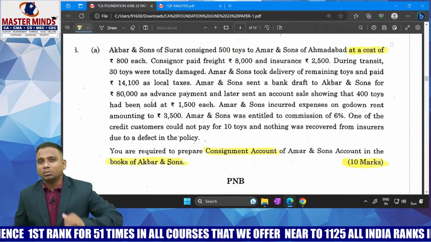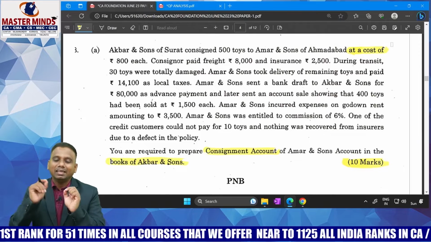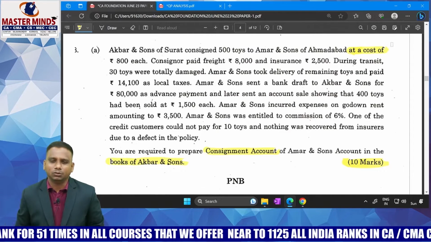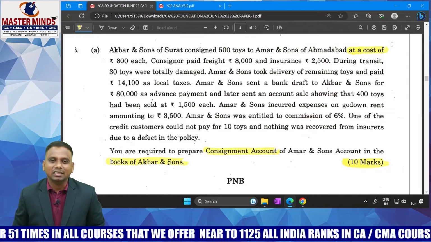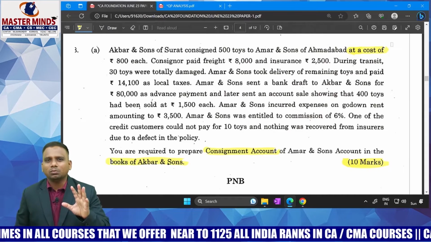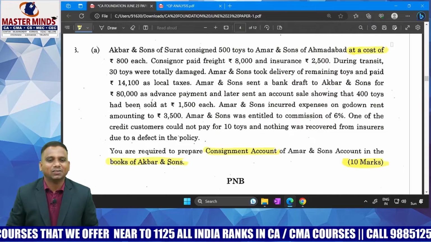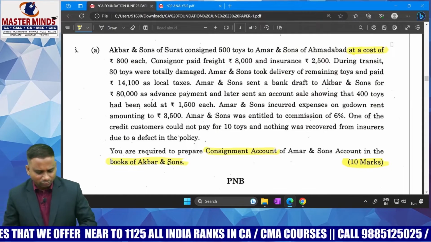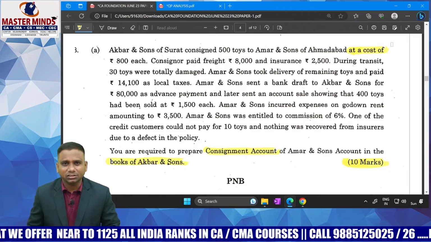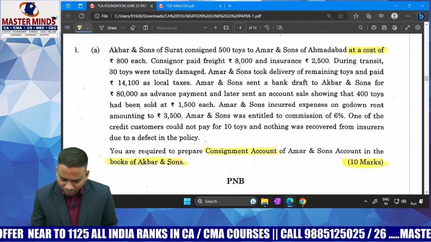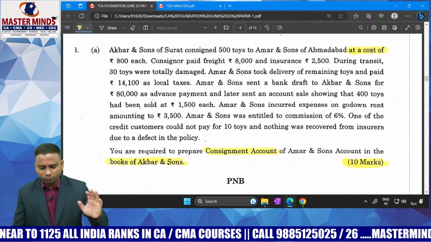When it comes to normal loss, students may again feel a little bit of confusion between abnormal loss and normal loss. Normal loss will affect your consignment inventory calculation. Yes or no? So, check whether we have abnormal loss or normal loss in this problem. Consignor paid freight 8,000 and insurance 2,500.